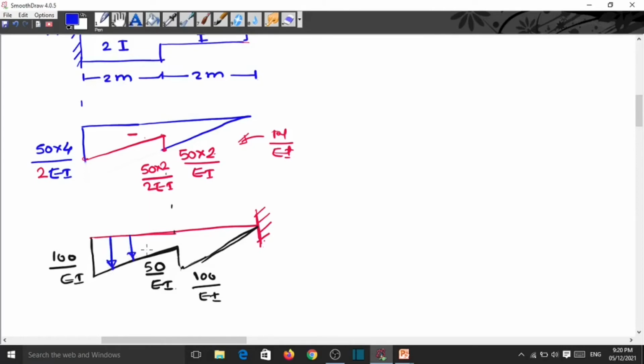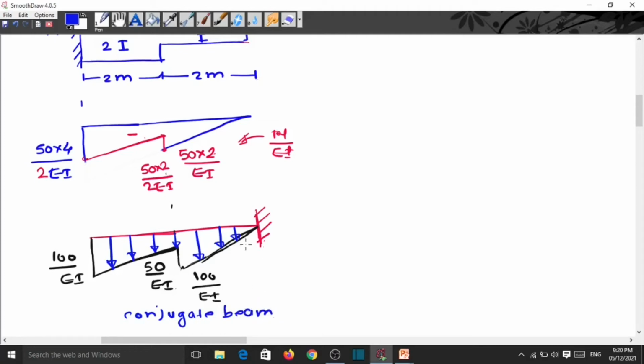We are using the sign convention that a negative bending moment offers a downward loading. This is the conjugate beam.